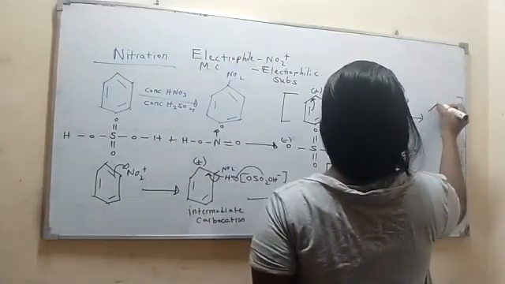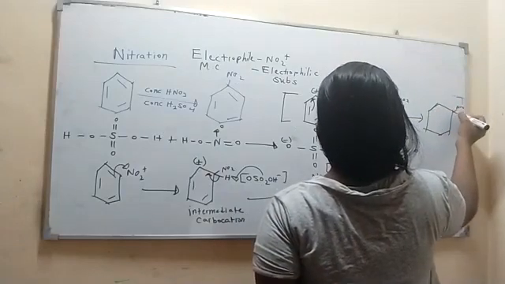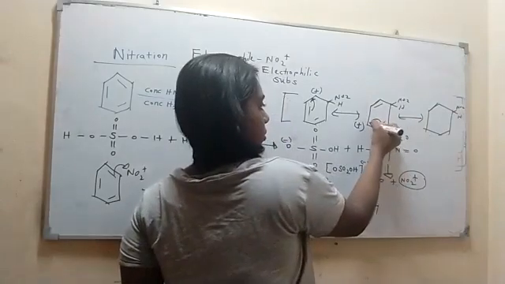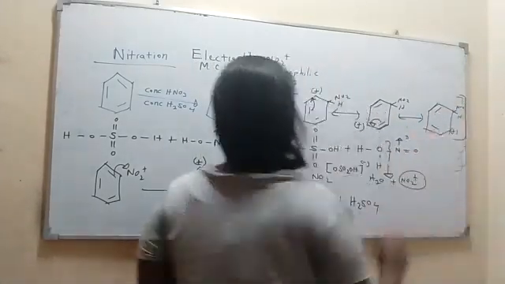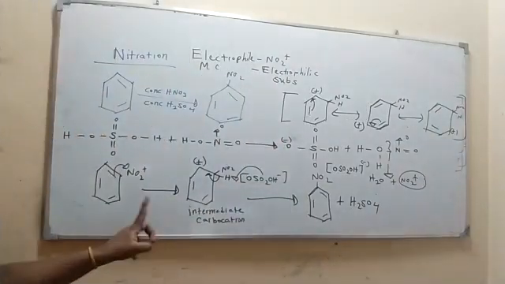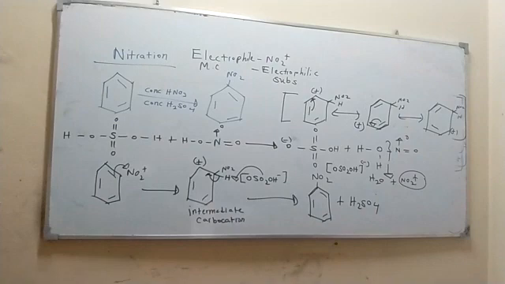Then the next possible resonance: NO2 here, hydrogen here, this will move to this position, then the plus is here. So these are the resonance structures the intermediate carbocation involves in order to stabilize even more. That is the advantage of benzene: rather than normal compounds, it involves many resonance structures and becomes more and more stable.